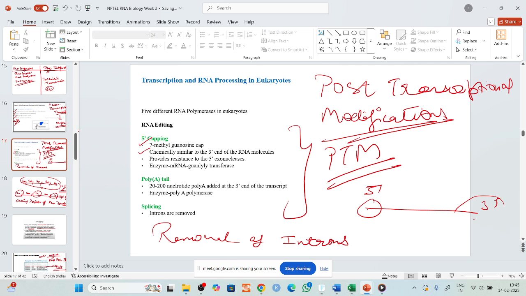It provides resistance to the 5' exonuclease activity, and the enzyme required for this 5' capping is guanylyl transferase. In poly-A tailing, a 20 to 200 nucleotide poly-A tail is added at the 3' end of the transcript, and the enzyme is poly-A polymerase. It is important. Then in splicing, the introns, which are the non-coding parts, are removed.